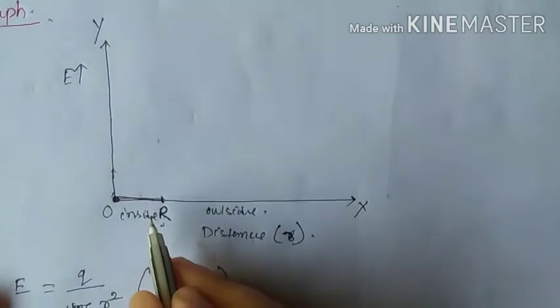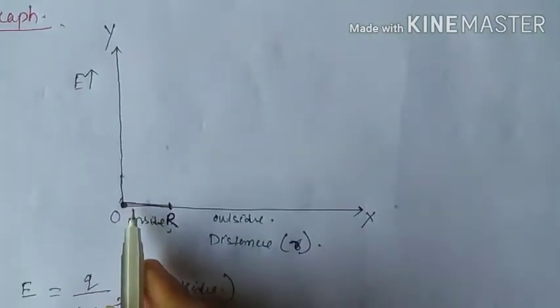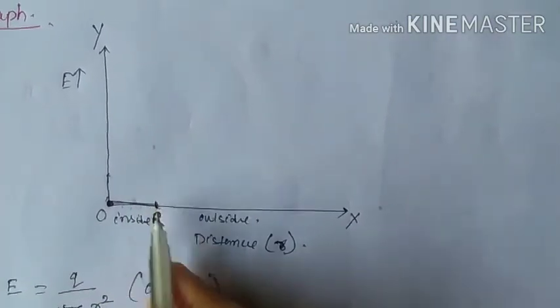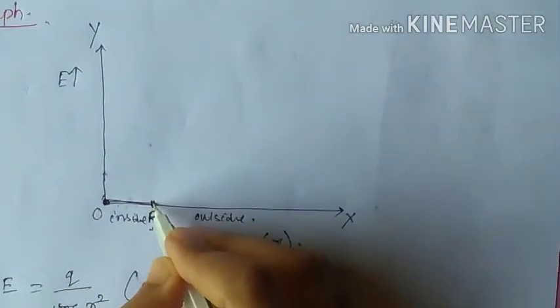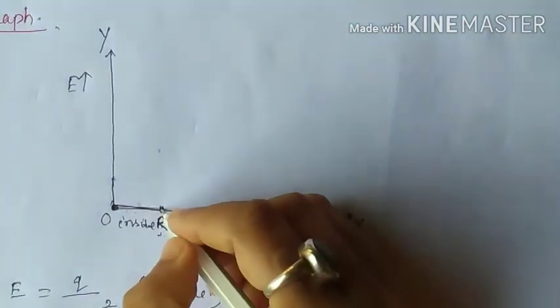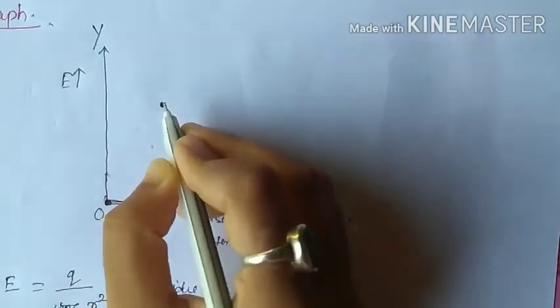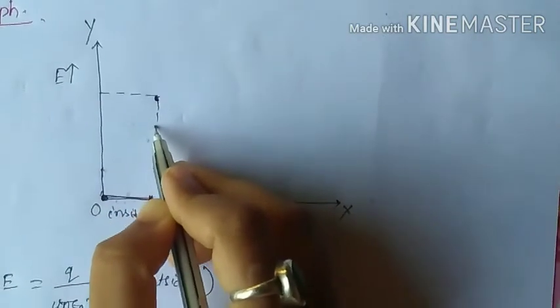So electric field inside at center it is 0. Then 1 centimeter, 2 centimeter, 5 centimeter up to the surface it is 0. Then on the surface it increases to the maximum value. Right? It goes to maximum. So that is maximum on the surface. Let's represent it with this.